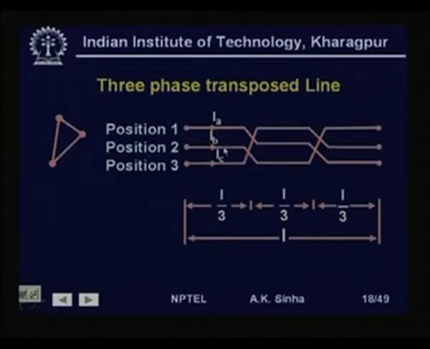Thereby, each phase conductor goes through all the 3 positions, and therefore, the average flux linkage of each phase conductor will be the same, and thereby the inductance for all the 3 phases is going to be the same. This way, we try to make a symmetry and balance for the 3 phase conductors' inductance.